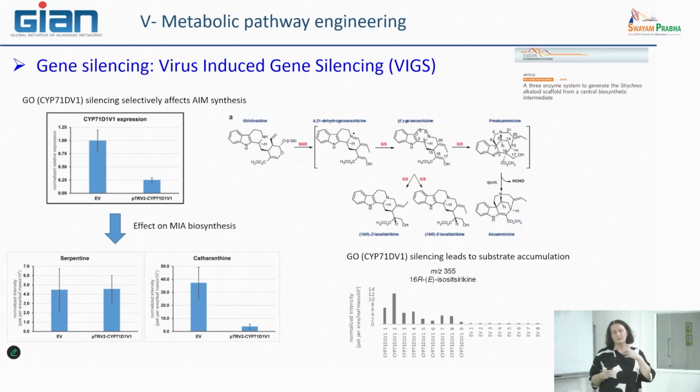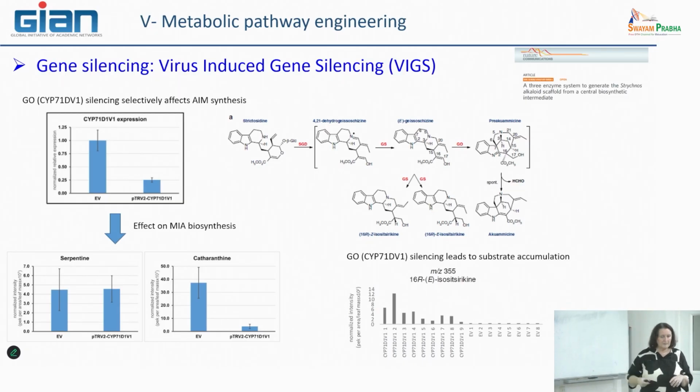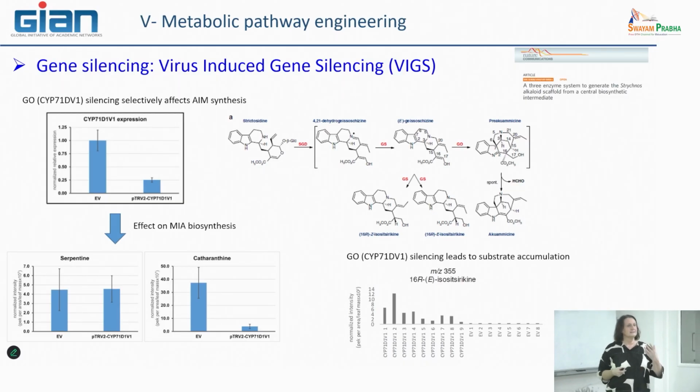But what we see now is that with this type of technique, we can modulate the activity of these enzymes, and we can completely modify the quality of the extract, meaning the nature of the metabolites you have in the extract of a particular plant. As you have now understood, the metabolites of interest are generally those produced at the end of the metabolic pathway, always in a very, very low amount.